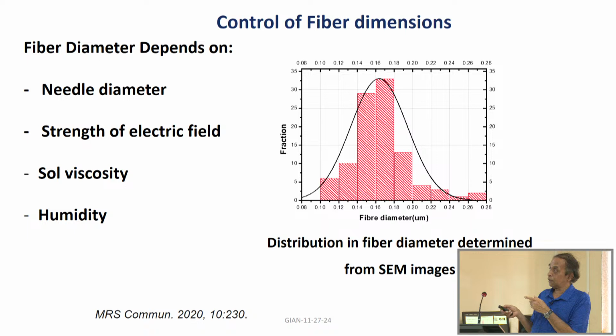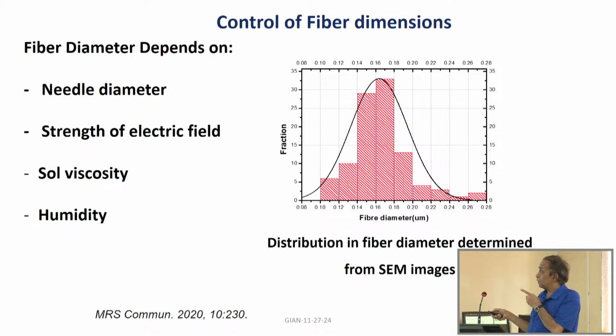Sol viscosity also can change the fiber dimensions, and the entire electrospinning setup is in a closed chamber of plexiglass, and you have to control the humidity. If the humidity is very low or very high, it can mess up the fiber, and you do not get what you want. So these are the parameters that control the dimensions of these fibers.